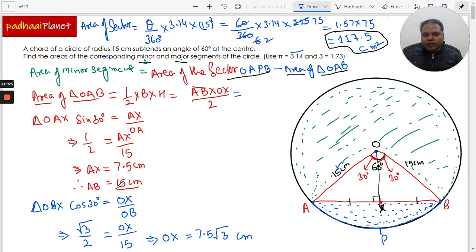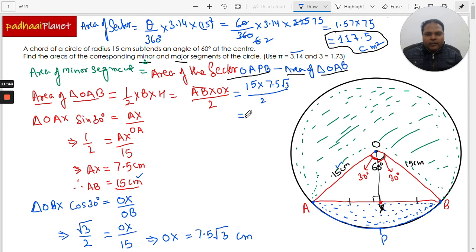So AB, we already know, is 15. So this is 15 multiplied by OX, and OX is 7.5 root 3, divided by 2.